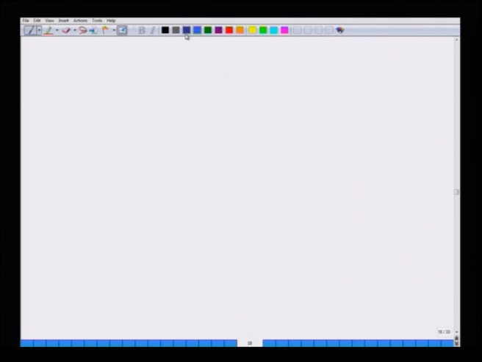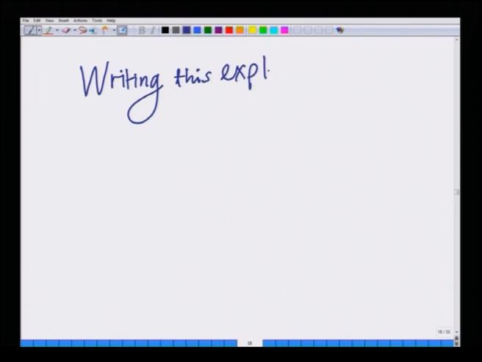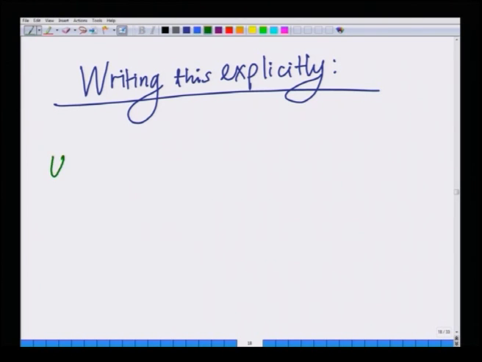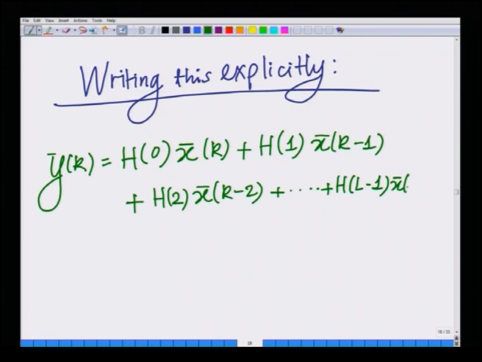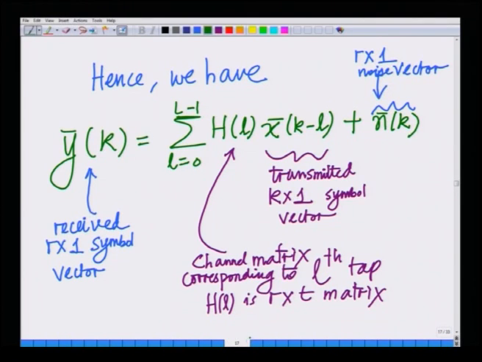In fact, we can write this explicitly. Writing this explicitly, y bar k equals H0 x bar k plus H1 x bar k minus 1 plus H2 x bar k minus 2 plus so on up to H L minus 1 x bar k minus L plus 1, plus n bar of k.